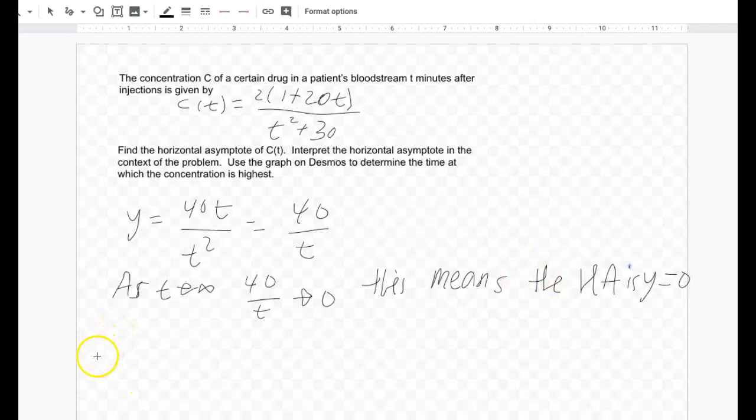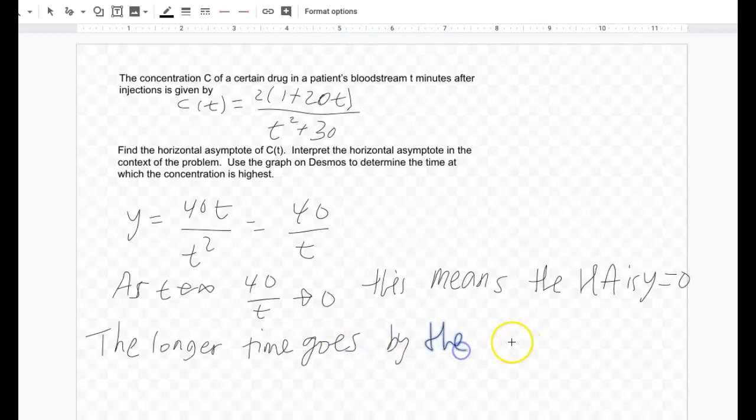So what that's telling us is the longer time goes by, the concentration of the drug decreases to 0.